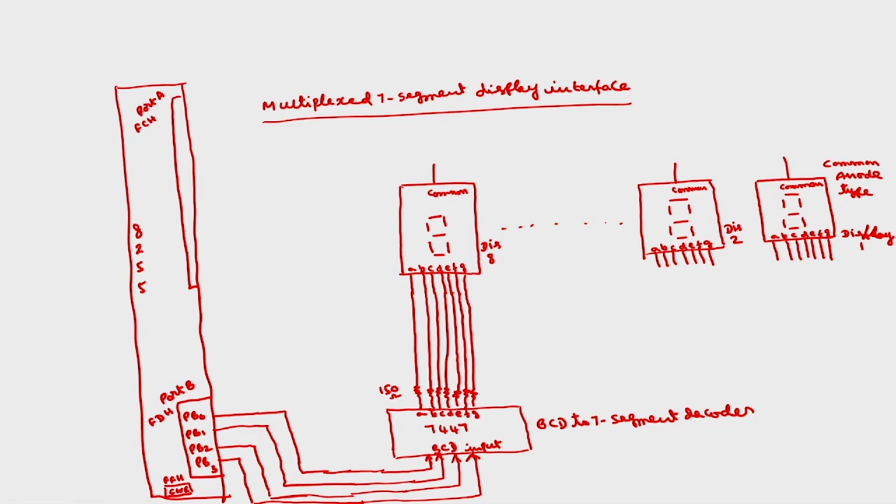Now we have to connect port A to the common signals of these 8 7 segment displays. So I will connect this to PA0, PA1, PA2 and so on.